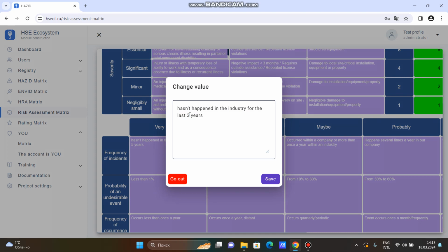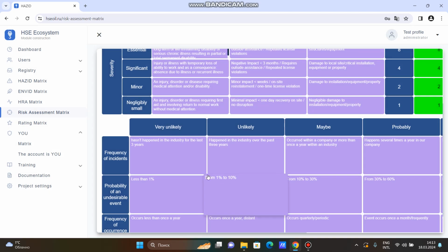I just want to show how easily you can change the settings. And now you see here 3 years. We can change the data for any which we need. So here we set our definitions. For example, here what is very unlikely for the company from the point of view of frequency. We can set here never occurred for the last 3 years.